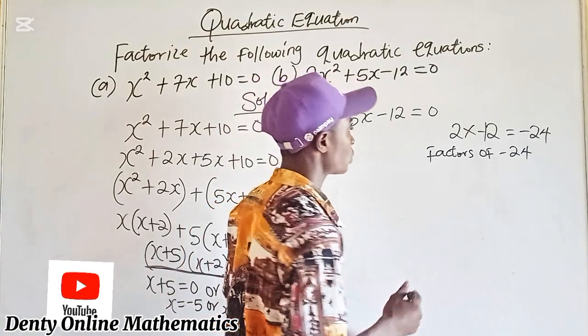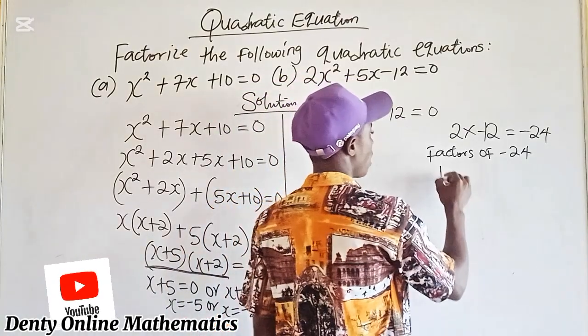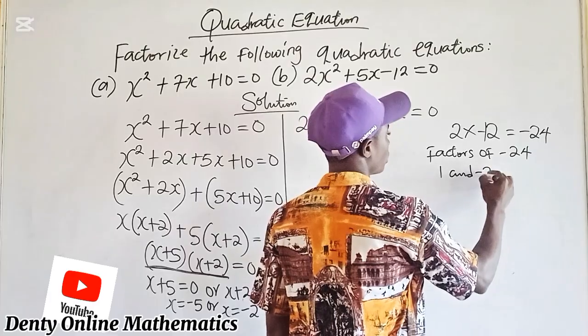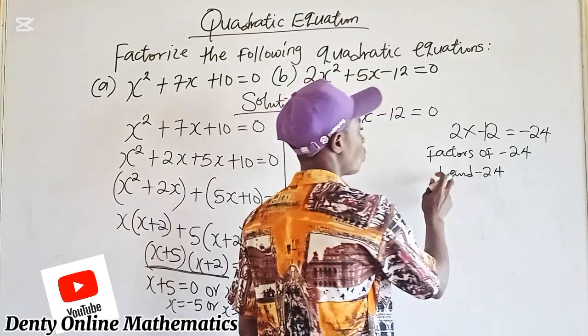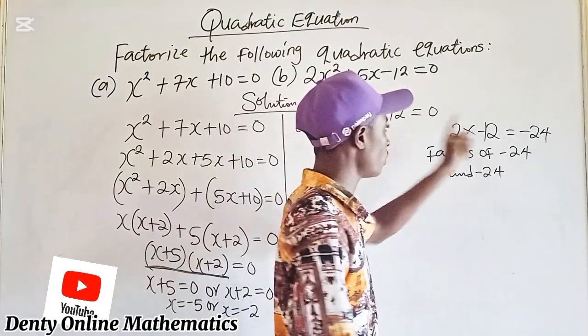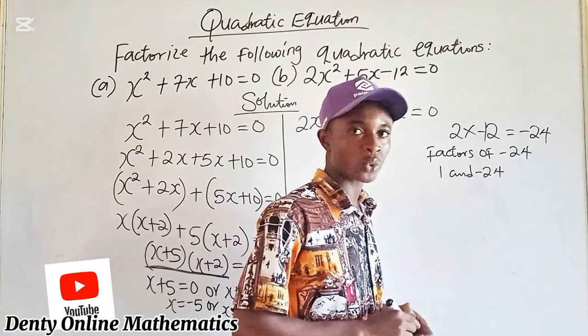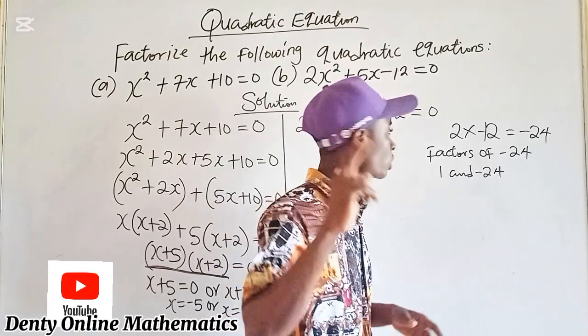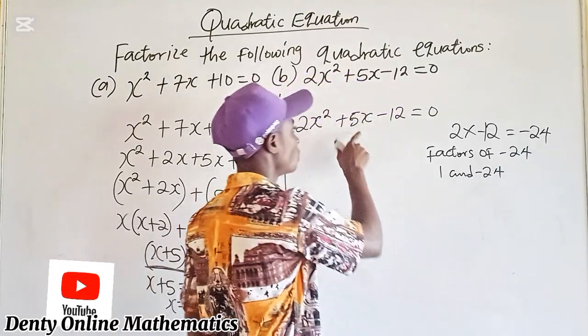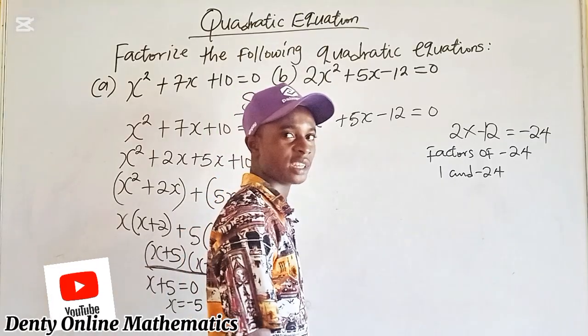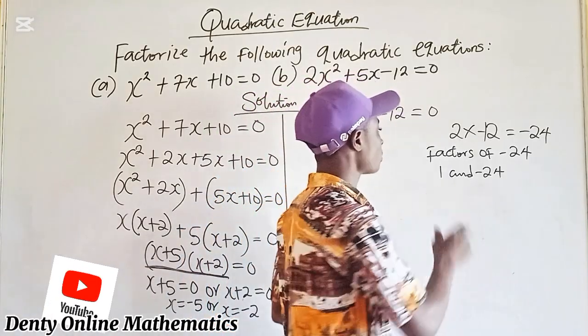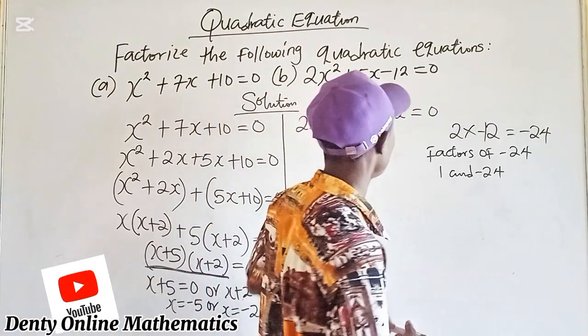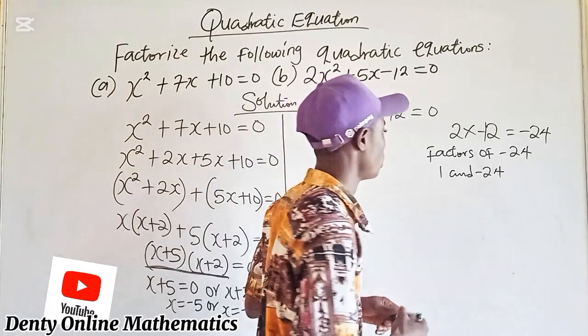Factors of minus 24, we can have 1 and minus 24, because 1 times minus 24 will still give us minus 24. But remember the rule that those two factors, if we add or subtract them, will give us 5. So 1 plus minus 24 will not give us 5, so we are not working with that.